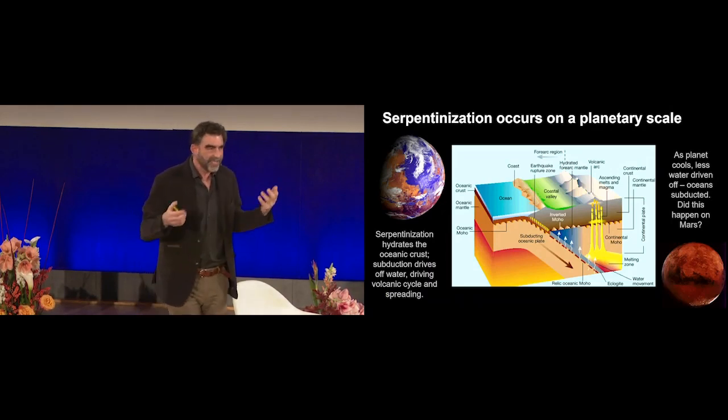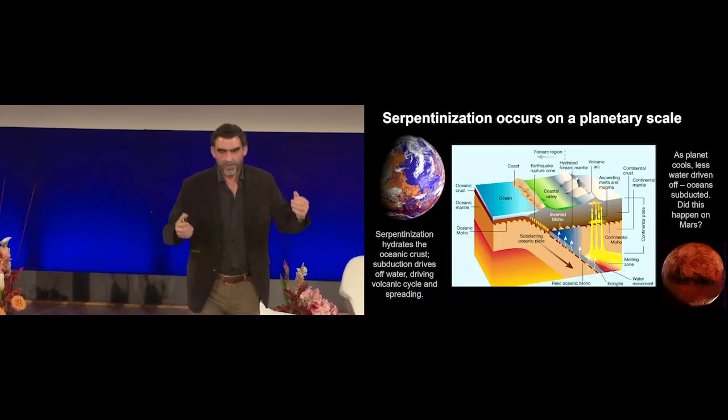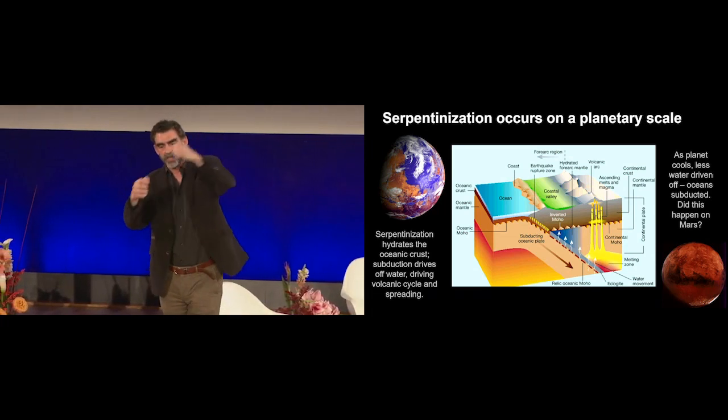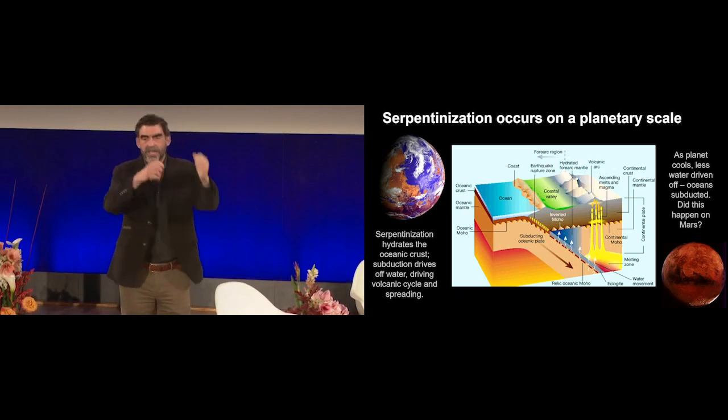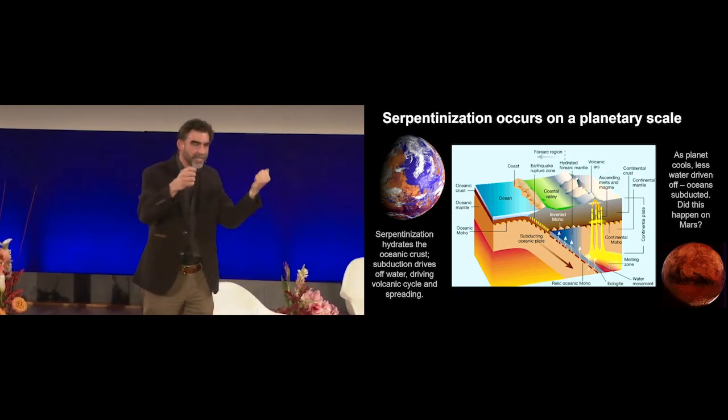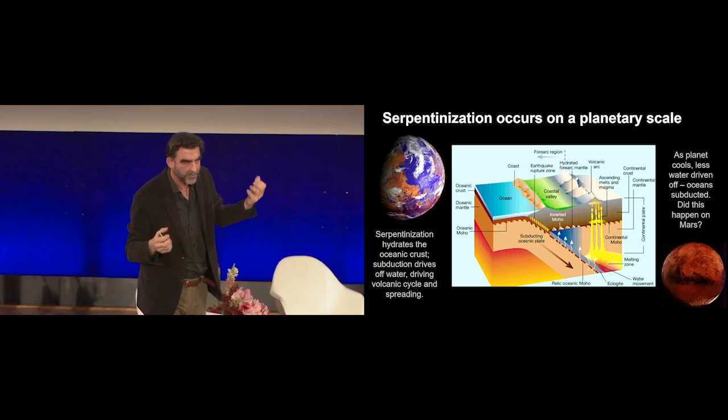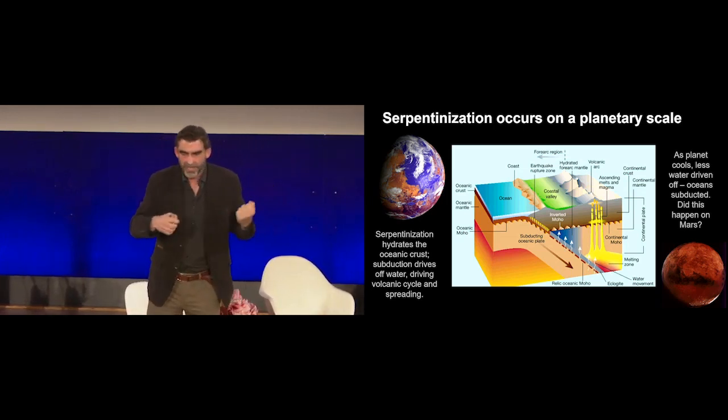Just to emphasize, this is on a planetary scale. When we have plate tectonics and subduction of the submarine crust, serpentinization effectively hydrates those rocks. It's binding water into them as hydroxides.